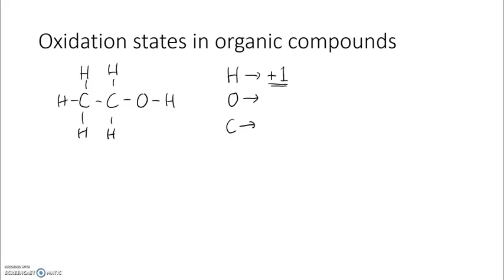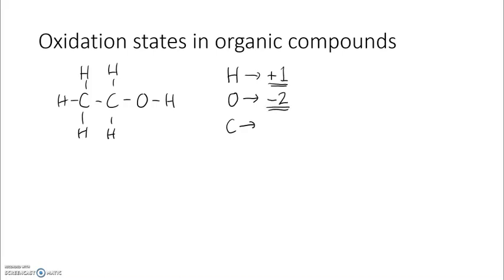Oxygen is the most electronegative element within this molecule, and so we will consider it gaining 2 electrons, completing its outer shell, so gaining 1 electron from the carbon-oxygen bond and 1 electron from the hydrogen-oxygen bond, so that gives oxygen an overall oxidation state of -2.